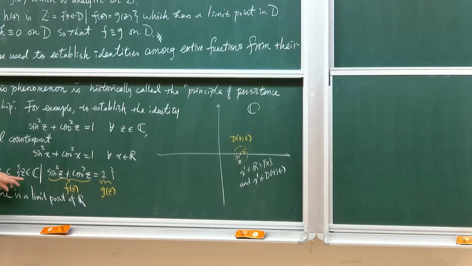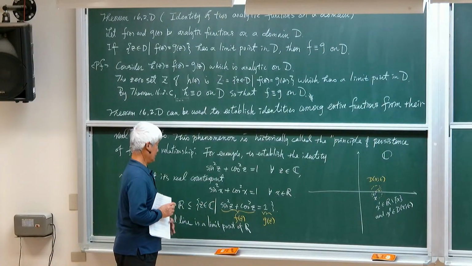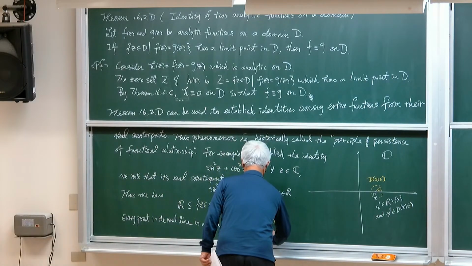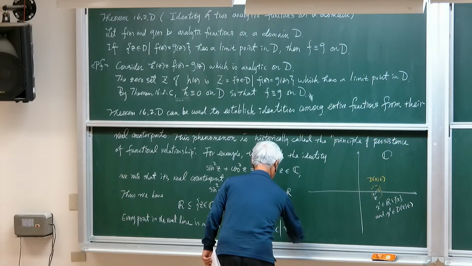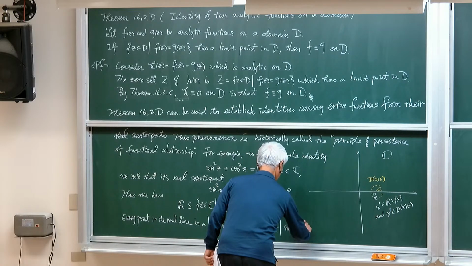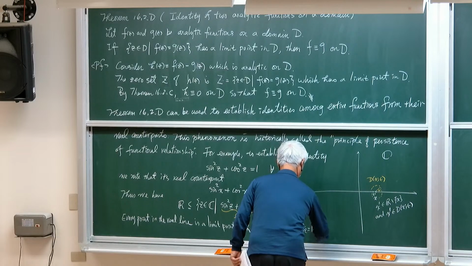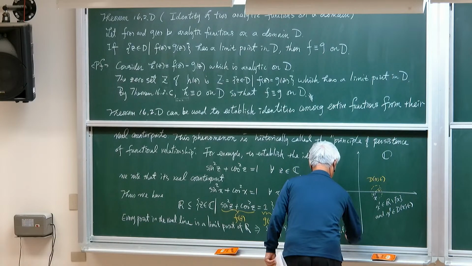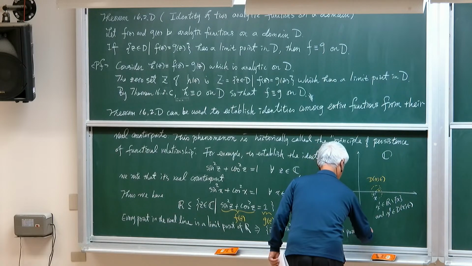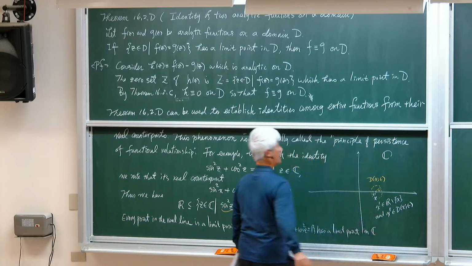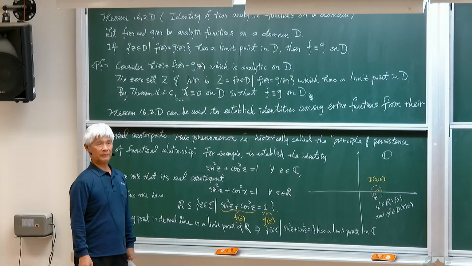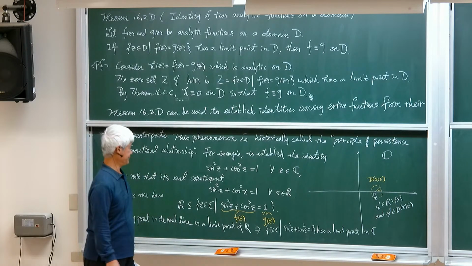So this implies that the set has a limit point in the complex plane. And as we know, the complex plane itself is a domain, which means that it is open and connected.